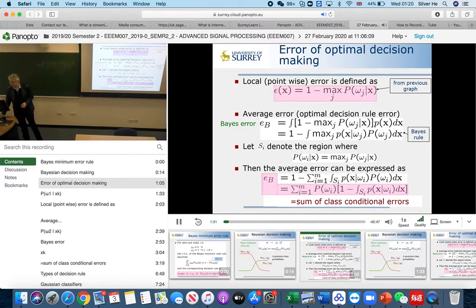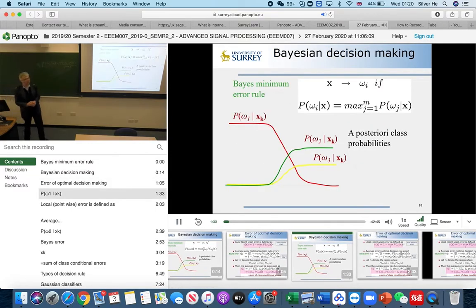Suppose that we, let's go back to this curve. Suppose that we were at this point where the red is higher than the green and the yellow, and we therefore decide we're going to make an assignment into class 1. It's clear that there is still a chance that, given our x at this position, it could have been class 2 or class 3.